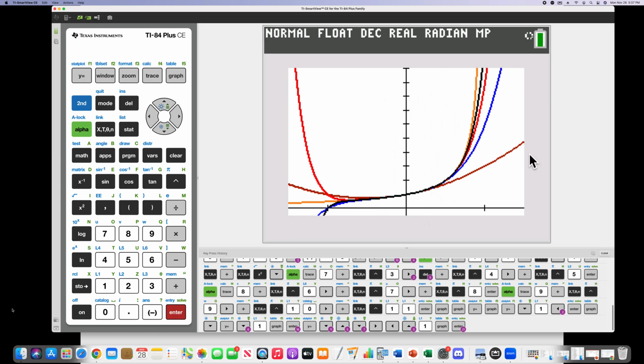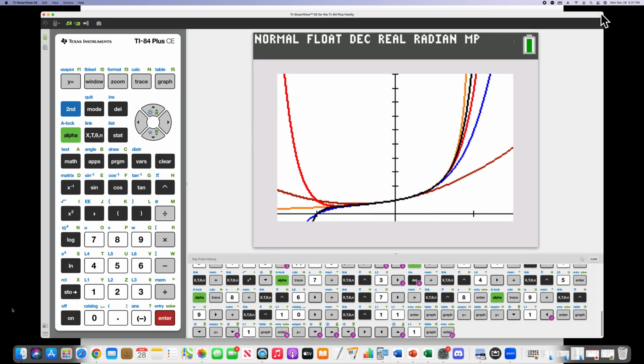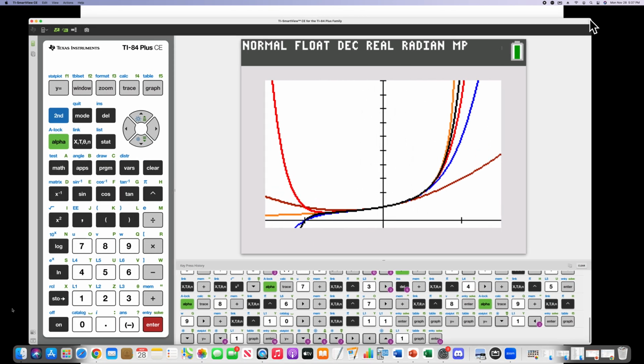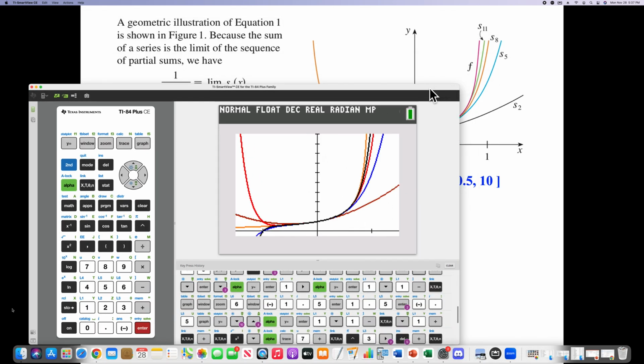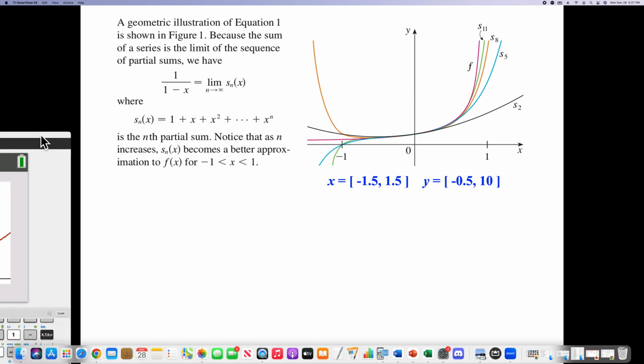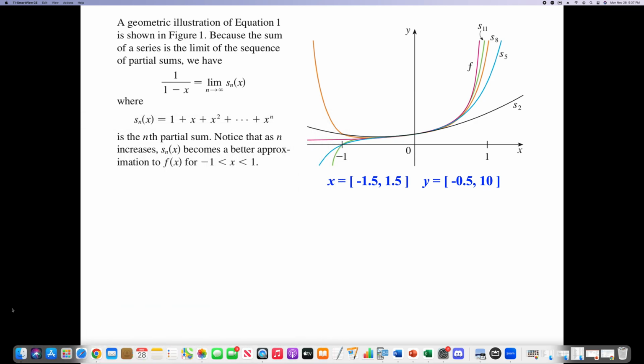And stop. There it is right there. Starting to peel away from the gold curve at about this area. So that's what that picture represents. And again, if you wanted to, we could keep adding in more terms and we get closer and closer as you go. All right, so I'm going to put that over here.